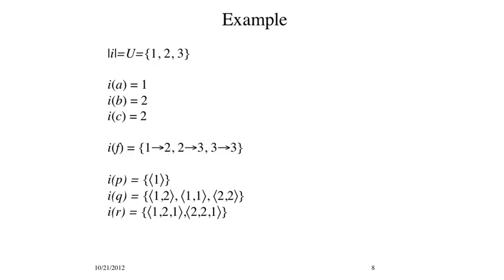Our interpretation maps A to 1, B to 2, and C to 2. It maps F to a function that gives one and only one value for each element in the universe of discourse. 1 is mapped to 2, 2 is mapped to 3, and 3 is mapped to 3. And the interpretation maps P, Q, and R to relations of the appropriate arity.